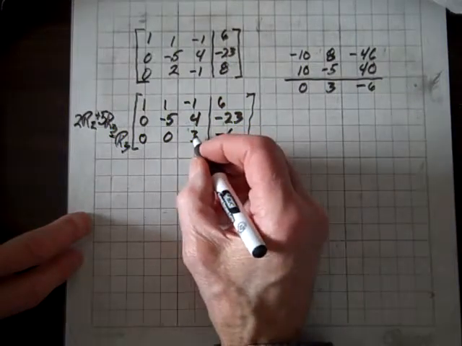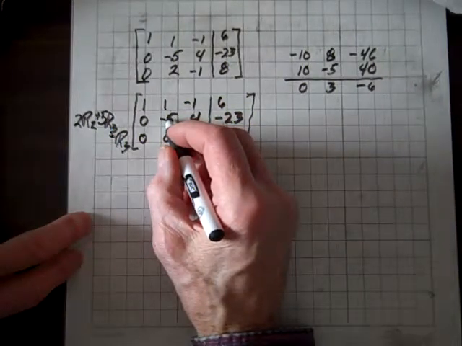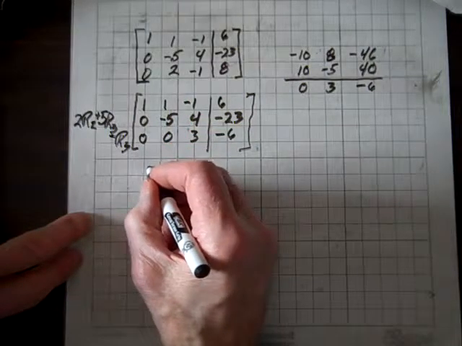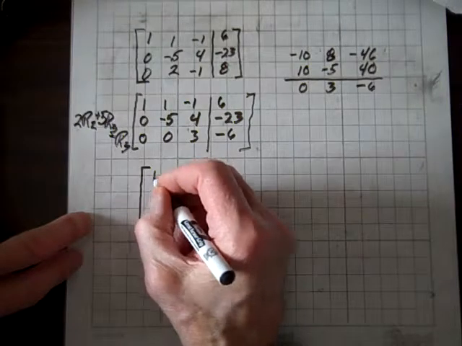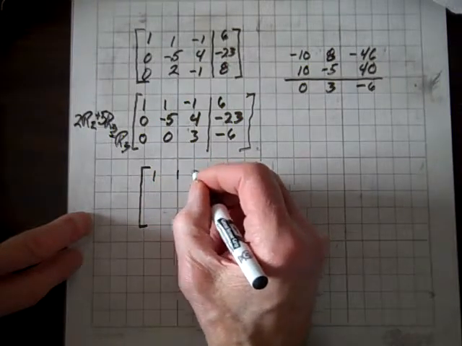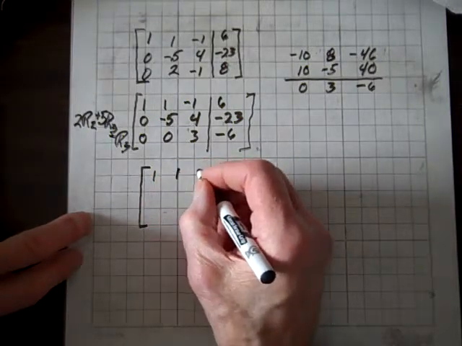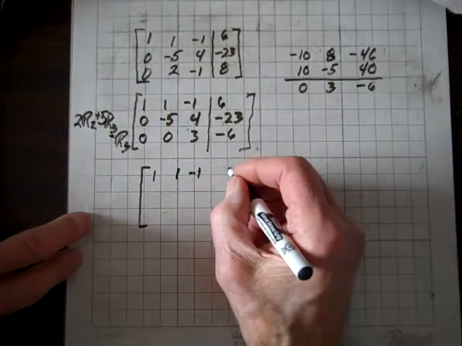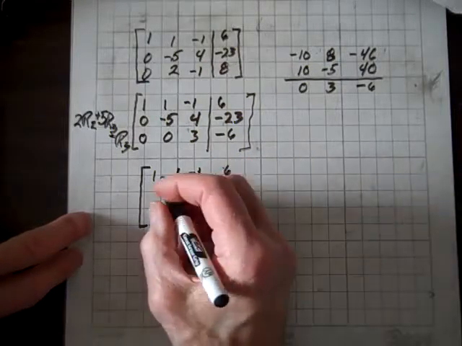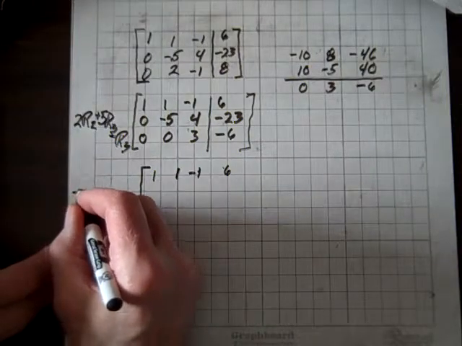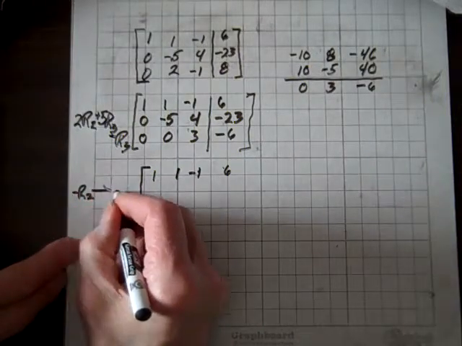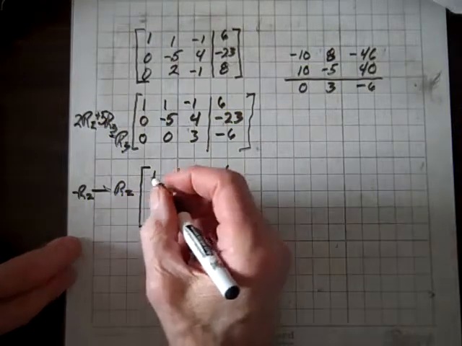Now we need to get a 1 here and a positive value here. So we'll take row 1, which never changes: 1, 1, negative 1, and 6. And we'll multiply negative row 2, which will replace row 2.